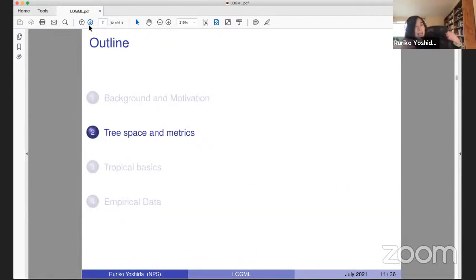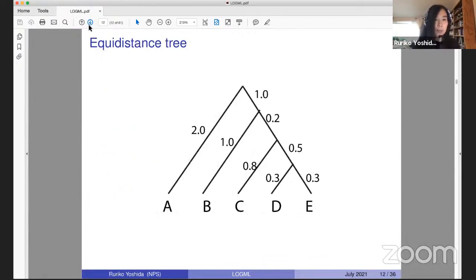Now I'm going to talk a little bit about tree space, and in order to talk about statistical methods, I have to talk about the metrics. In this talk, I assume equidistant trees. An equidistant tree is a rooted tree where the distance from the root to each leaf is the same.